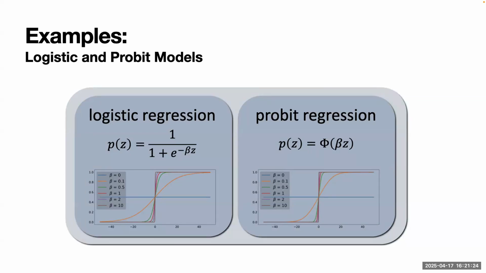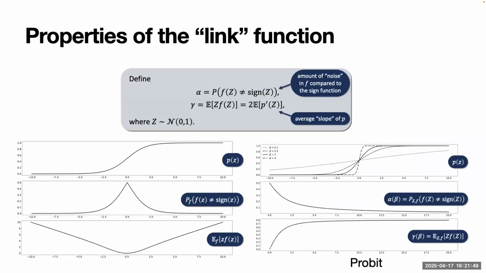When beta equals infinity, this is really a binary classification problem. There is no noise. Similarly, there is probit regression, where this function is just the error function. This is very similar to the logistic model. You can see there are mild differences. These two are very popular models, and there are many other things that you can fabricate.